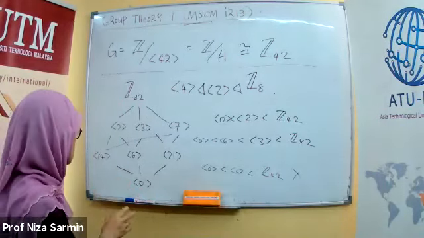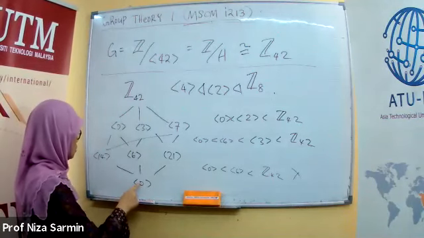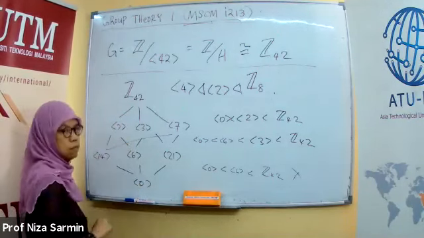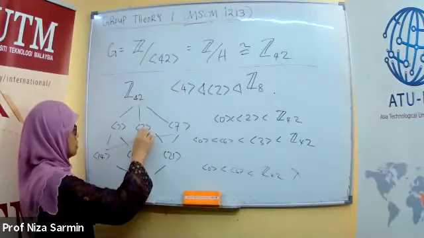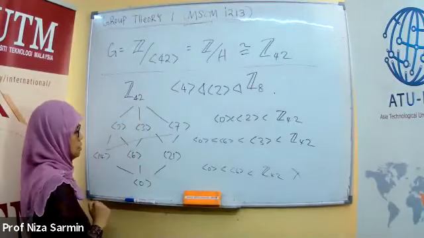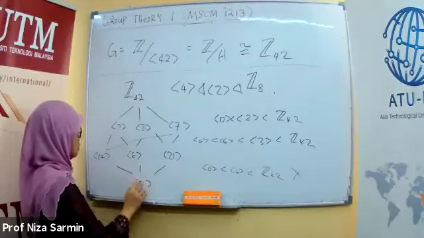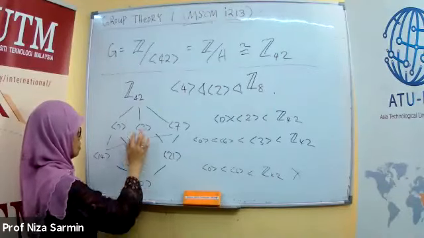So for the composition series, you can do this. I think we have 6 composition series. 1, 2, 3, and then 0, 21, 1, 2, 3, 4. And we have 0, 21, 3.